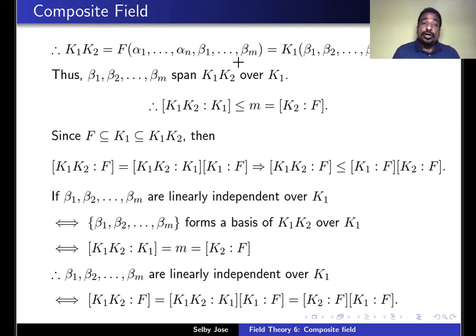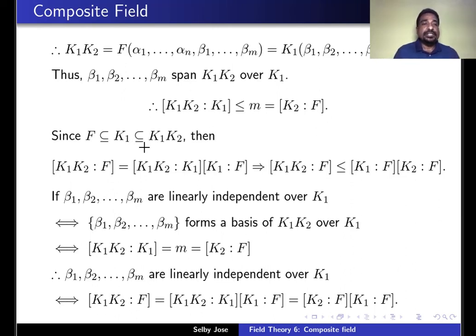So, because it is a generating set of K1K2 as a vector space over K1, the dimension of the vector space K1K2 over K1 is less than or equal to m. That means the degree of the extension K1K2 over K1 is less than or equal to m, and m is equal to the degree of the extension K2 over F.